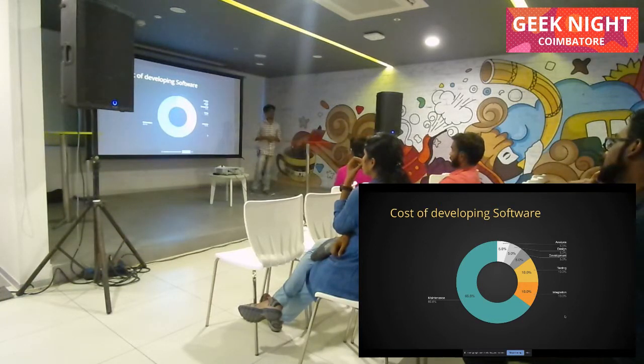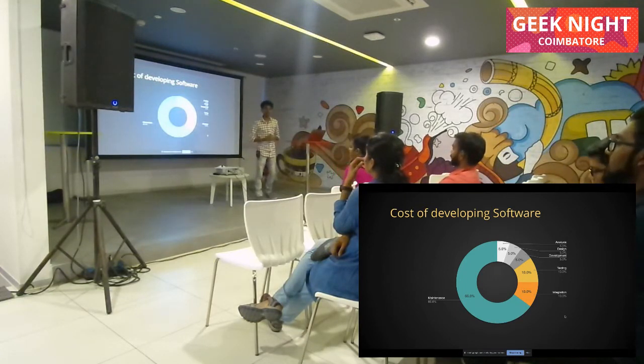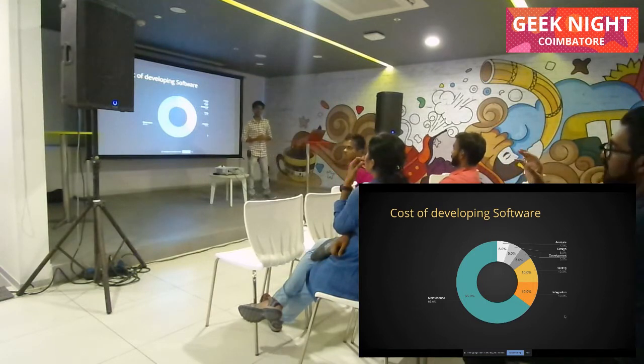Anyone from the audience know why maintenance is more expensive than other stages? Any idea? You have to understand what the previous person has actually done. Okay. If another person is maintaining the code, you have to understand what the other person has done. In most of the cases, documentation will be very less. Exactly. So that is one point.